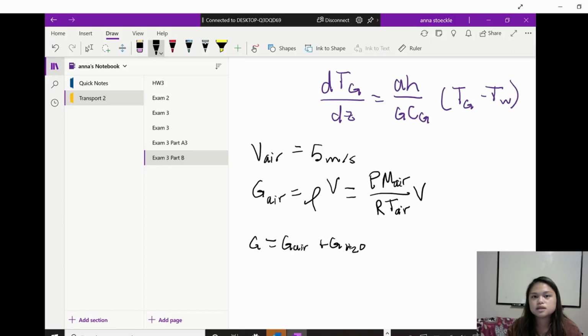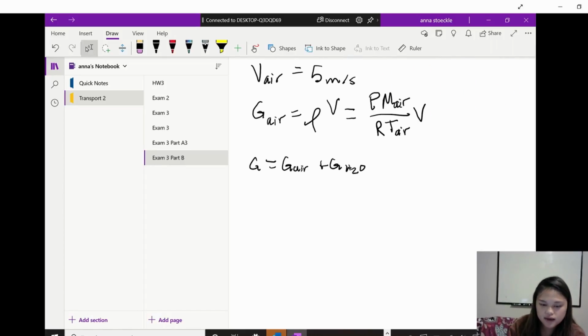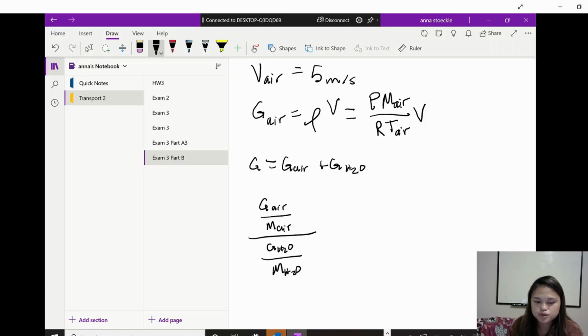And now we can put these in terms of mole fraction. What I mean by that is putting the gas flow rate of the air over the molecular weight of the air, and that will give us the moles per meter squared per second, and then put that all over the gas flow rate of the H2O over the molecular weight of H2O, and that will give us our moles per meter squared per second of that water vapor.